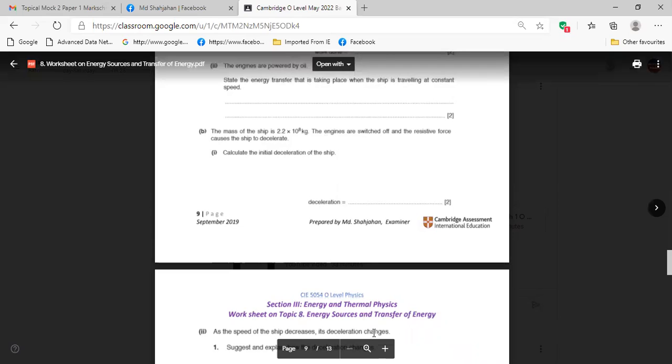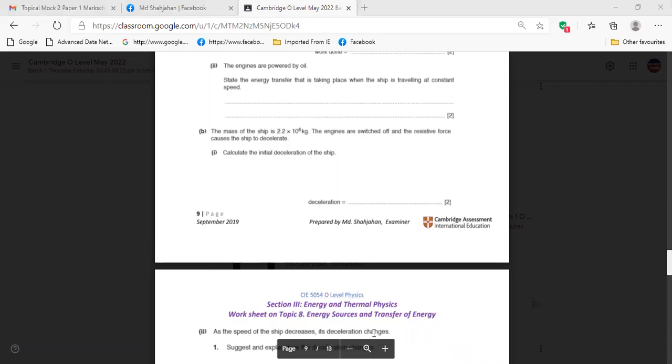Sir, as this is deceleration, isn't the answer minus? If it is written acceleration, then we will write minus so that we can understand it is deceleration. If it is written deceleration, already we understand it is minus.